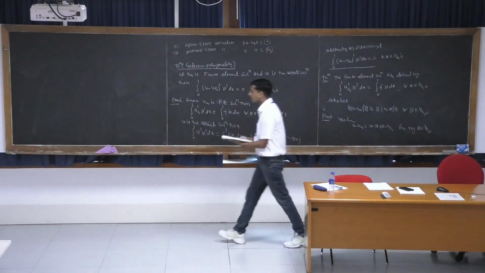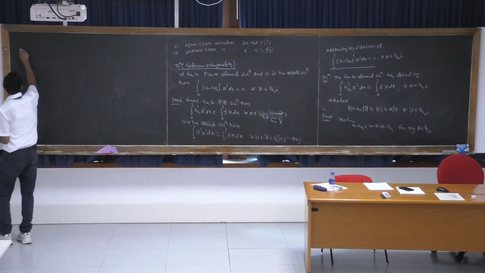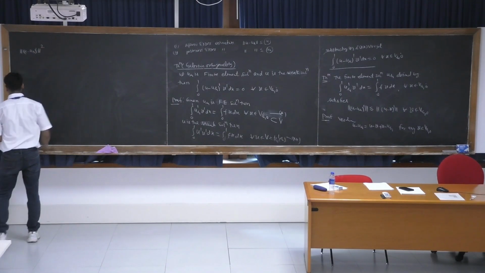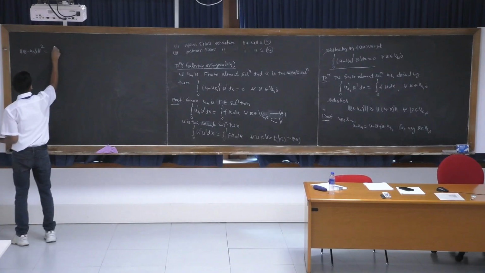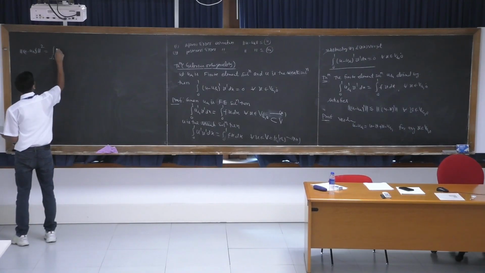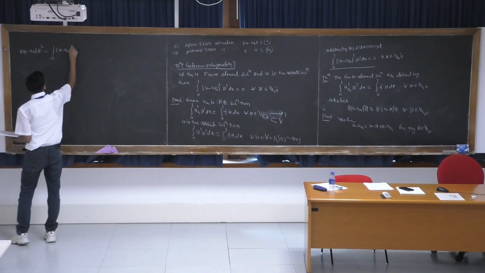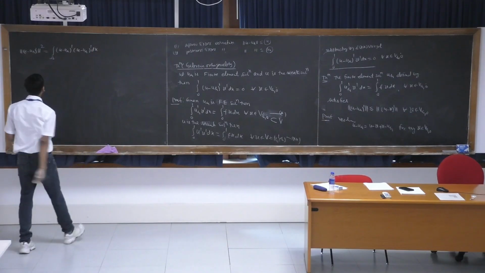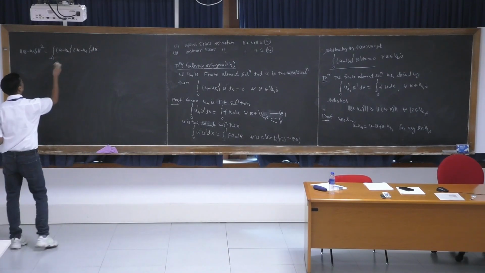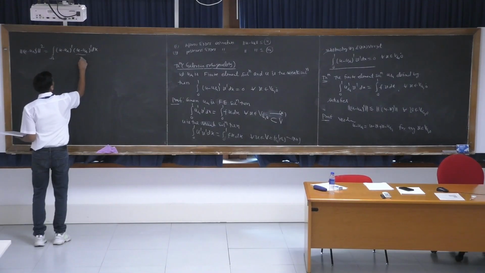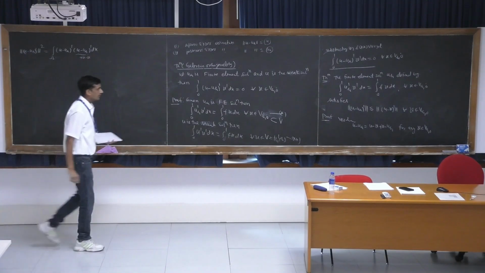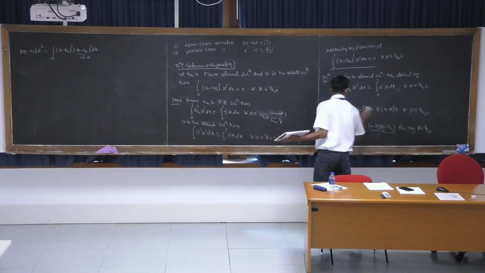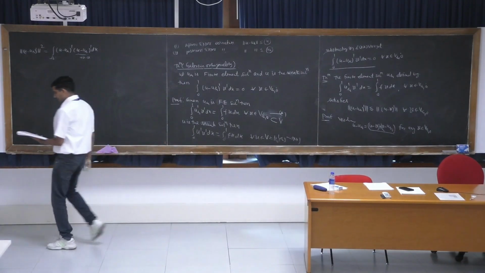So start from this one. The norm of (u minus uh)' squared. I am starting with the square. You can write this as the integral over the domain of ((u minus uh)')² dx by the definition of the norm. Here I will add and subtract v, using u minus v and v minus uh.